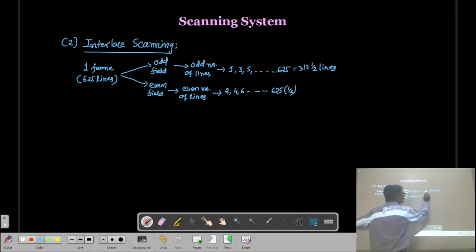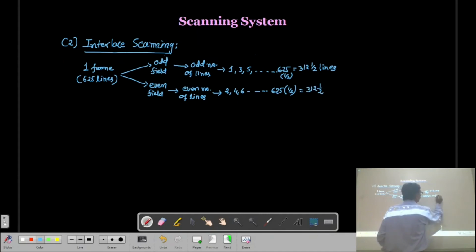Here also, whatever the last line is, it is not complete, but half of the 625 lines. So in this way, the total number of lines in this field is 312 and a half lines.